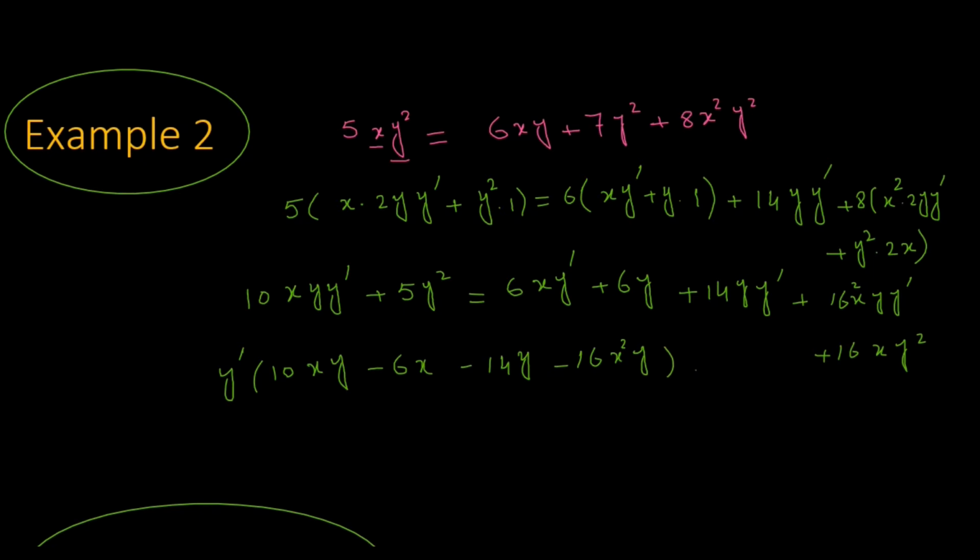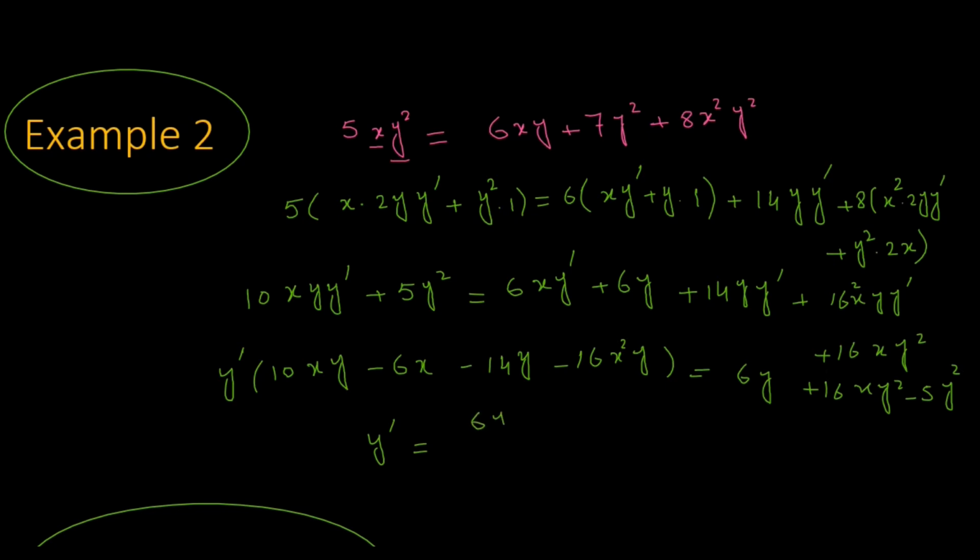On the right hand side, the term without y prime is 6y, and the second is plus 16xy square, and this term will be minus 5y square on this side. Now you can write y prime equal to the four terms divided on the other side.